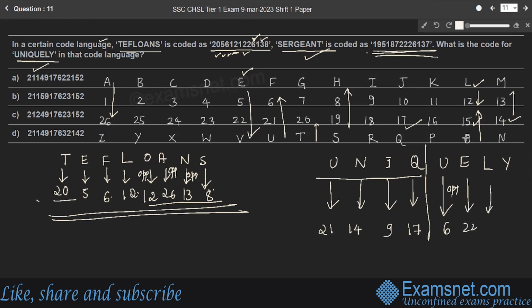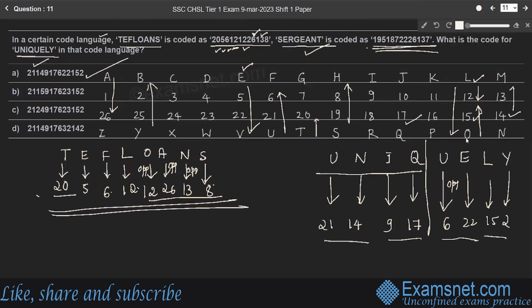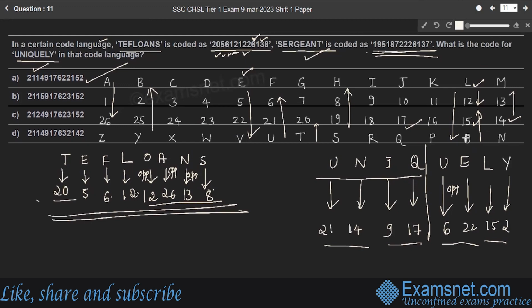The opposite positional value of L is 15, whereas the opposite positional value of Y is 2. Therefore, UNIQUELY is coded as 21, 14, 9, 17, 6, 22, 15, 2. Therefore, option A is the right answer, right? The code for UNIQUELY is 2114917622152. Option A.